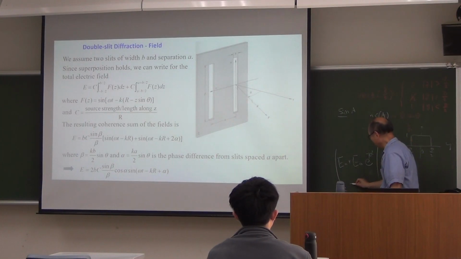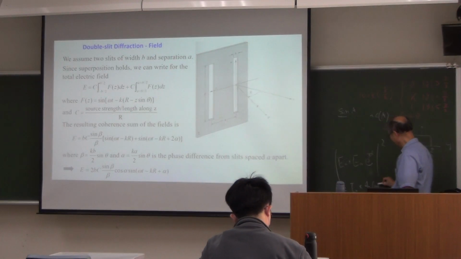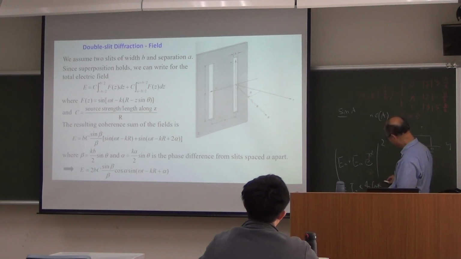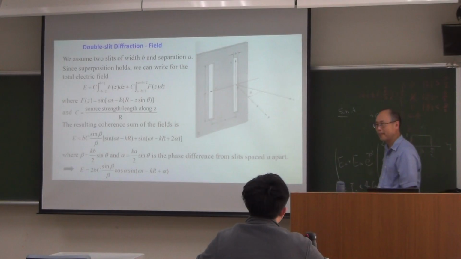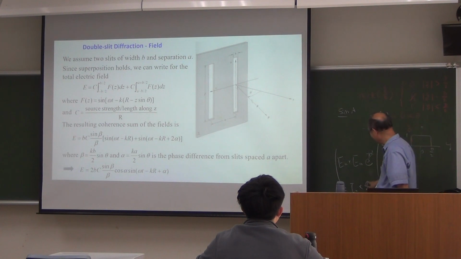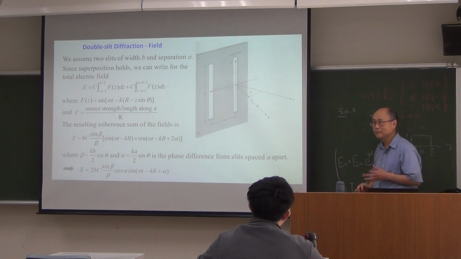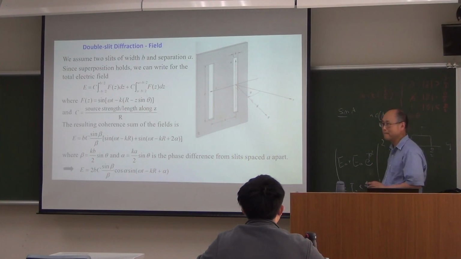If you finish this calculation, something like this, squared. We did the two beam interference calculation before. And this is the phase between these two terms. That could be 1/2 or something.